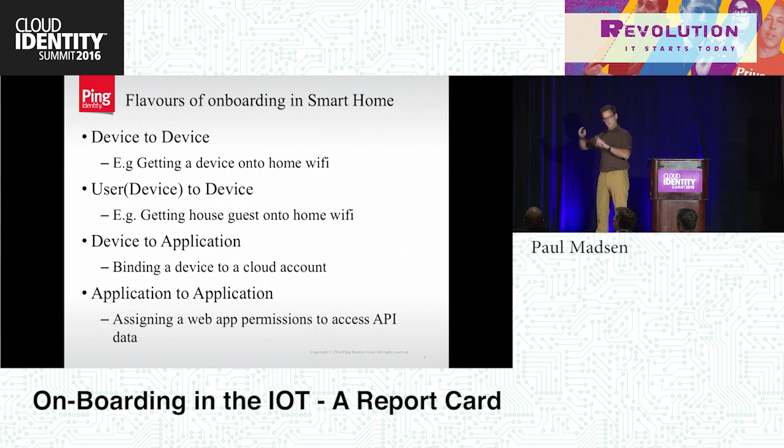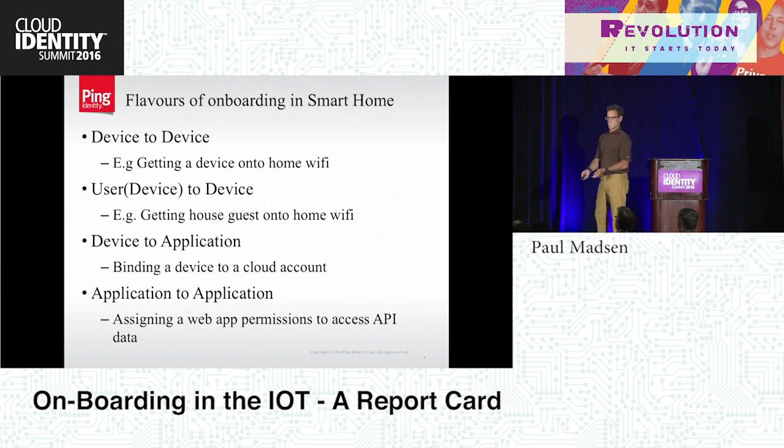And kind of squinting a little bit and stretching the definition, bear with me, I'm going to argue that there's different flavors of onboarding in the smart home, but they all share that basic aspect of something a priori unknown is brought into the house or brought into the ecosystem of the house, and we need to do the same two things.